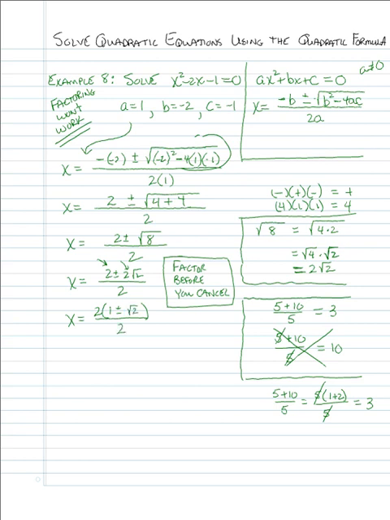In the denominator we have a 2, and those 2's can now be canceled because 2 is a factor of the numerator. So we end up with x equals 1 plus or minus the square root of 2. As a reminder, that means 1 plus the square root of 2 is a solution, and also 1 minus the square root of 2 is a solution. That plus or minus is really telling us that we have 2 solutions.